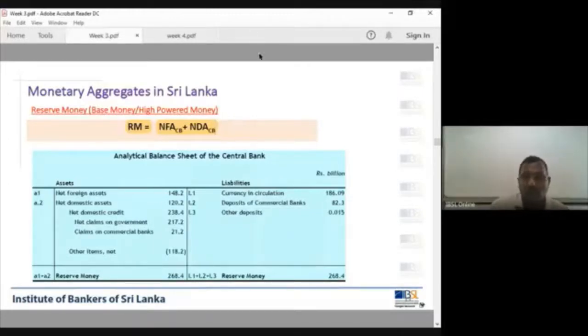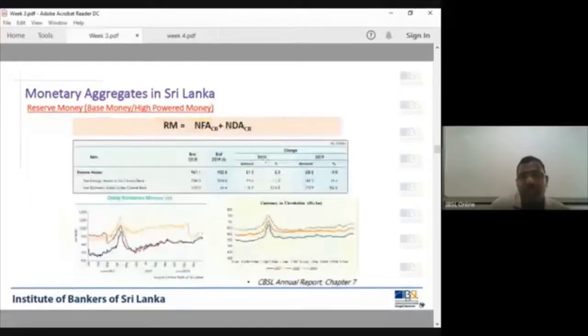Okay. So if you read chapter 7, you will have a clear understanding of the sources of reserve money. I told you this table is directly from the central bank annual report. If you look at this annual report, you will see reserve money movements and the factors in detail, with explanations given.